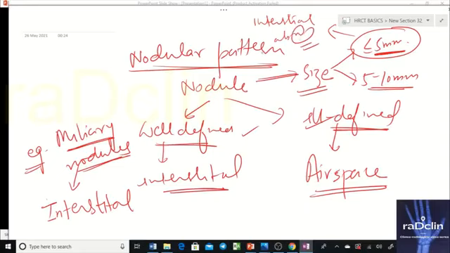That is important. There are so many diseases with nodular pattern, like miliary. We also studied nodules in silicosis and in sarcoidosis, and we studied reticular pattern as well.